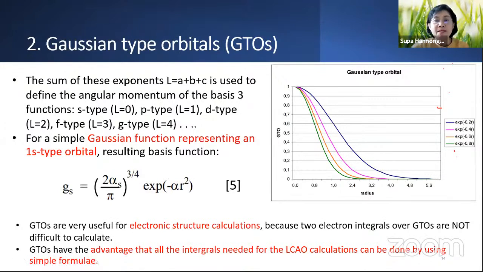If you remember when you studied differential equations, r squared is easier. This is the good thing about GTO. Another advantage is that all the integrals needed for the LCAO calculations can be done using simple formulae.